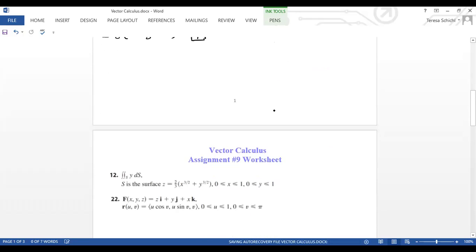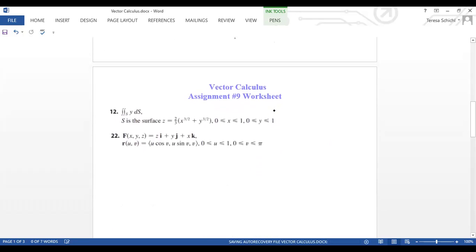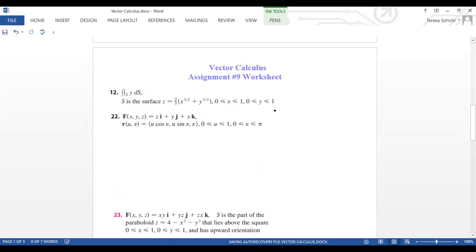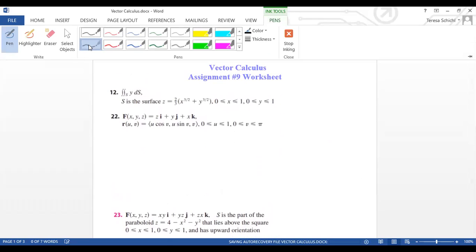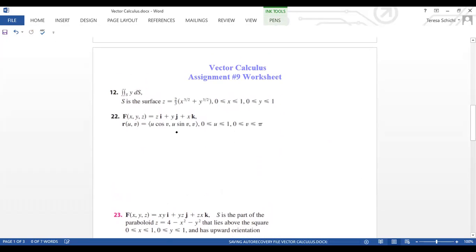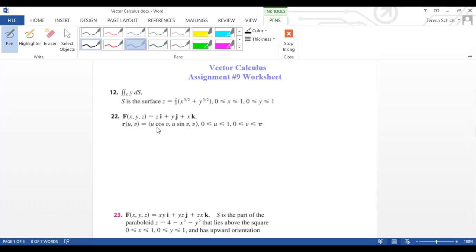Okay, so for the next one, we want to take a look at the vector field when we do the surface integration. So for this one, we have r(u,v), right? They already tell us the parametrization.